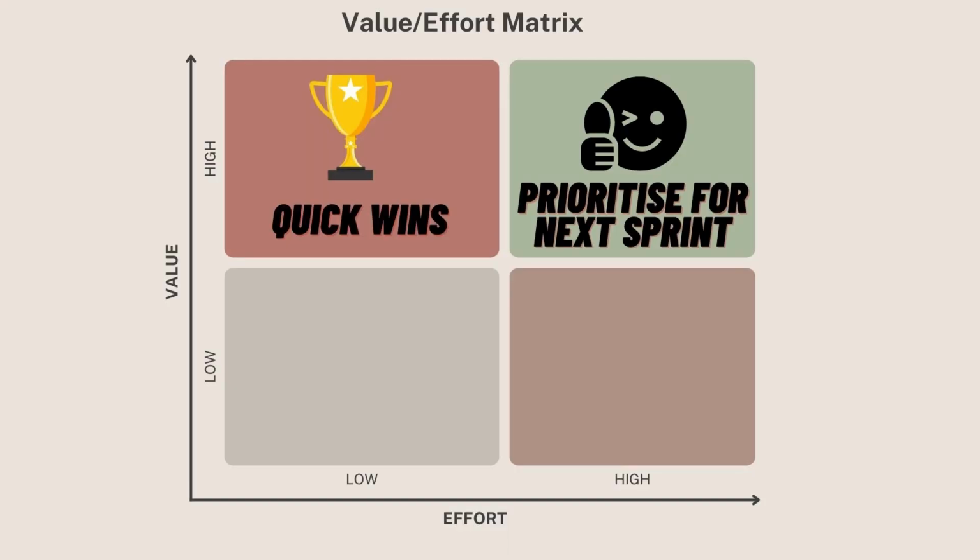On the other hand, you might have something that is high in value but also high in effort. What I would suggest is we put it at the top of the backlog and prioritize it to be delivered as part of the next sprint, because if you try to do it in the current sprint, you're probably not going to have enough time. You're going to stress your developers, and it's best to avoid that.